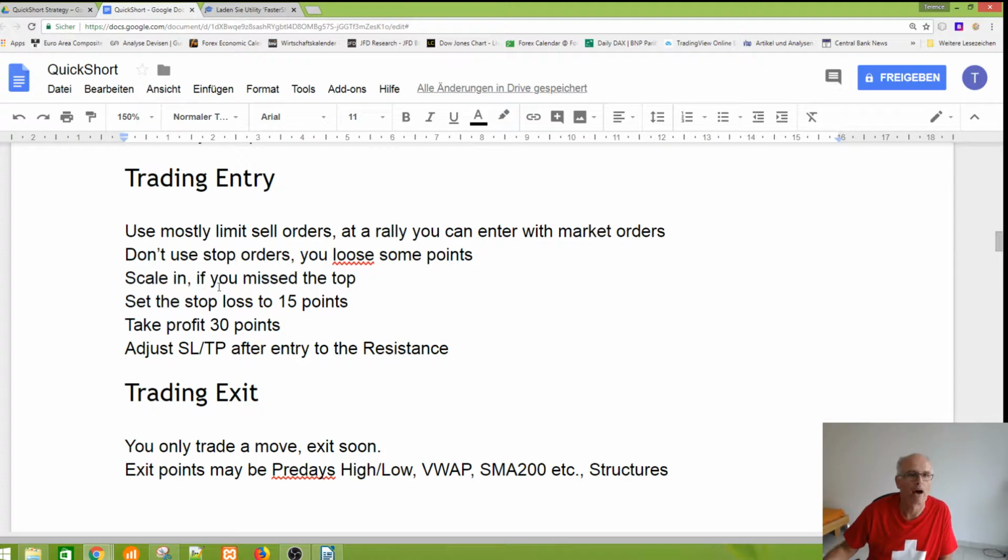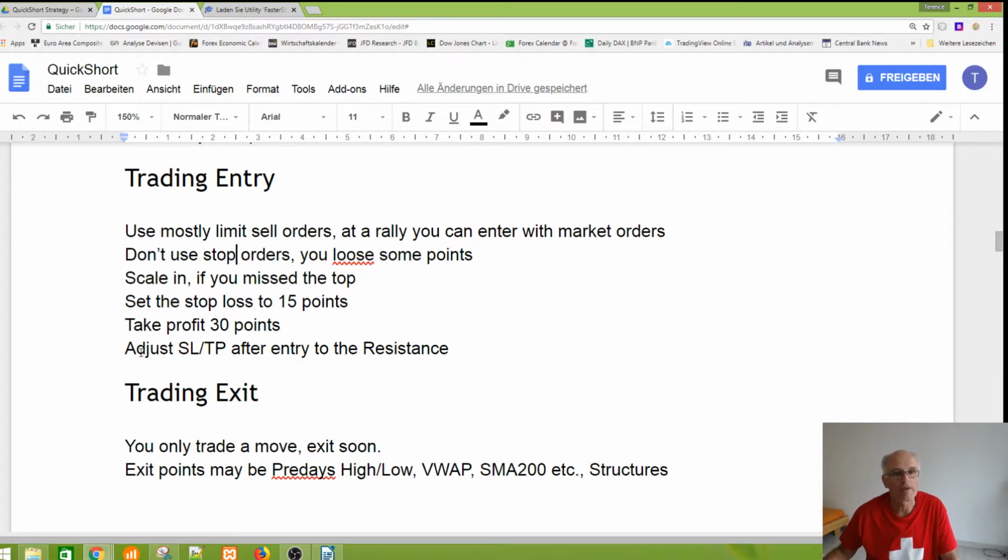I show you how. And the stop loss, you have to set it on 50 points, take profit on 30 points, but you usually don't use these limits. They are only for security reasons. Maybe you have an internet outfall, the broker falls out, and so on.